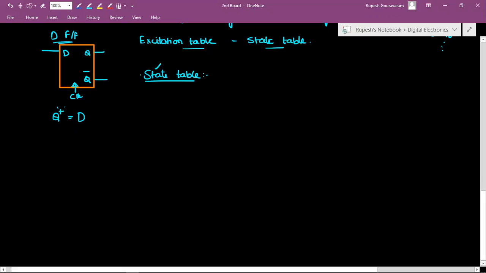State means present state and next state. The table that defines what is the present state and what is the next state is known as the state table. Similarly, what is the excitation table? Excitation means input. Whatever we are giving here, that is excitation.